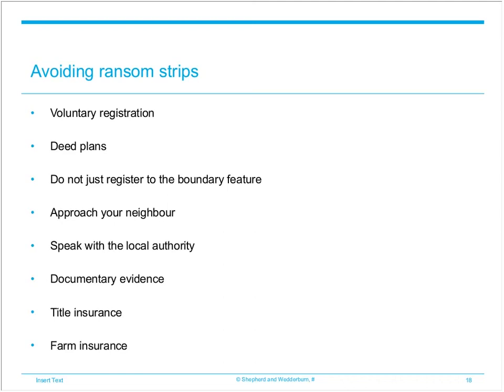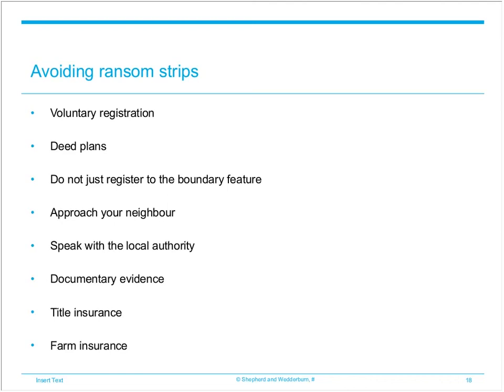More and more landowners are looking to this as an option for confirming their boundaries and providing certainty for the future. What voluntary registration does is confirm the extent of your ownership, and the mapping and title review process that's involved in that gives owners the chance to map their title and identify any issues in their title and resolve these before they become ransom strips.